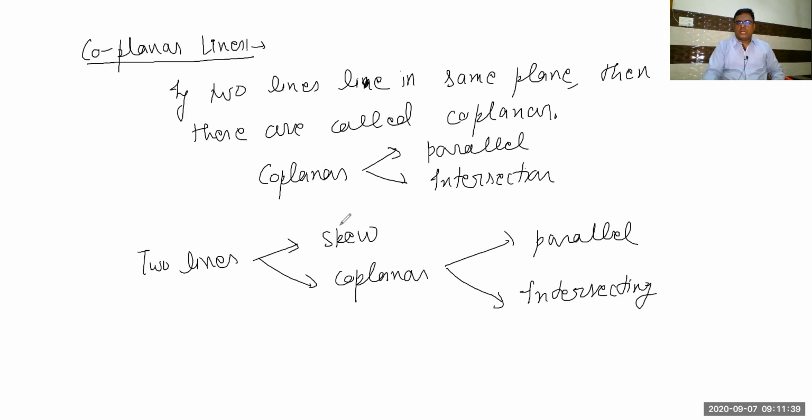So what are skew lines? Skew lines are those lines which are neither parallel nor intersecting. Here our topic is coplanar lines, and by using this formula you will be able to find whether the two given lines are coplanar or not.